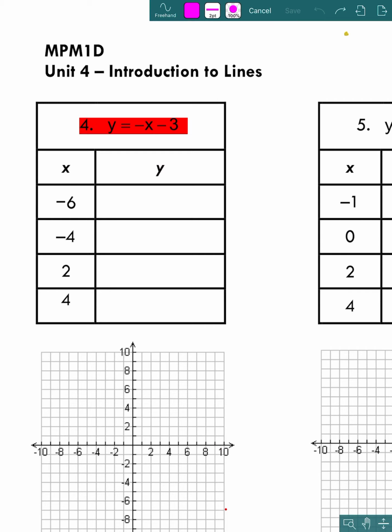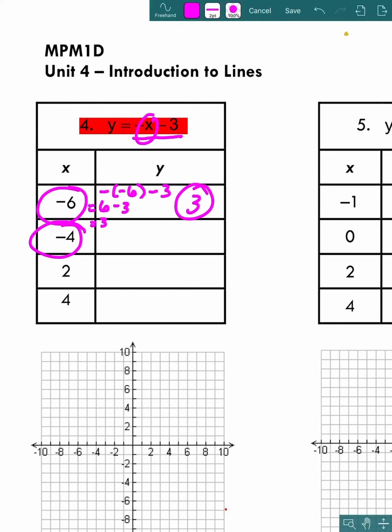So we're going to do the same thing. If x is negative 6, what's y? Well, we've got to follow this really carefully: y is negative x, so x is negative 6, minus 3. So we've got minus 6 minus 3. So that's going to become 6 minus 3, which will be 3. So that's our y value.